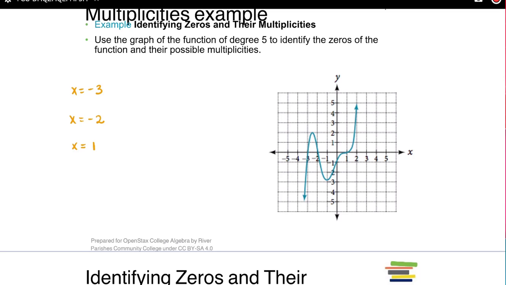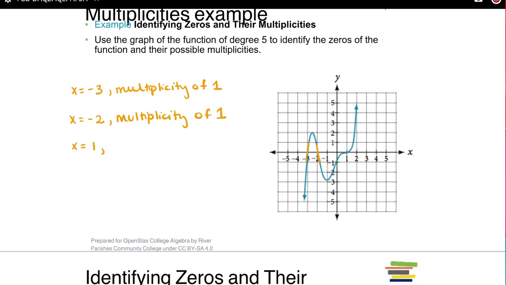Okay, so let's just look at the behavior at each one. This one crosses, so this will be odd, and it's almost linear. So I would say that is a multiplicity of 1. This one is also almost linear, so this is a multiplicity of 1.